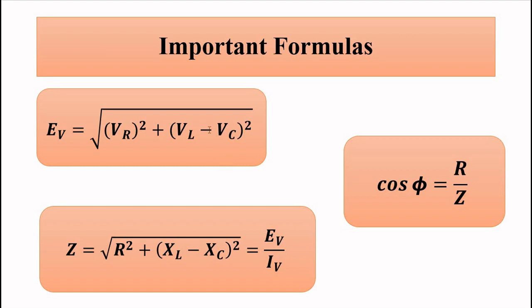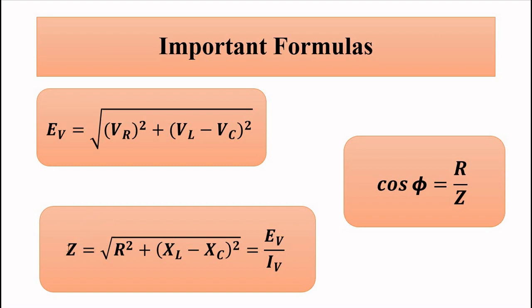VL minus VC or VC minus VL, it doesn't matter, because whether the value is positive or negative, when we square it, we get the same result. So the net voltage is the square root of VR squared plus (VL minus VC) squared.